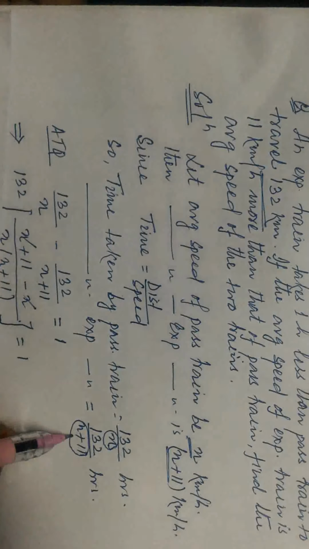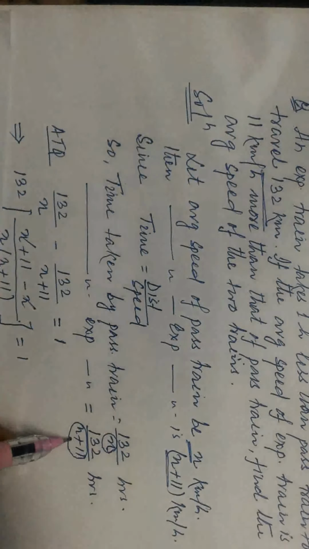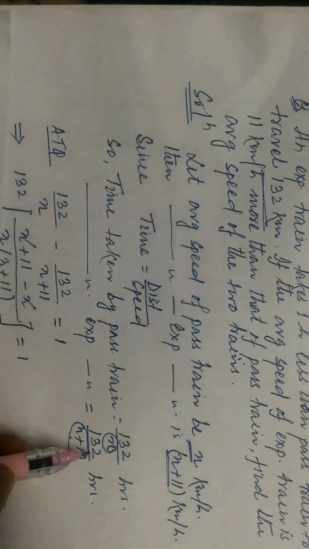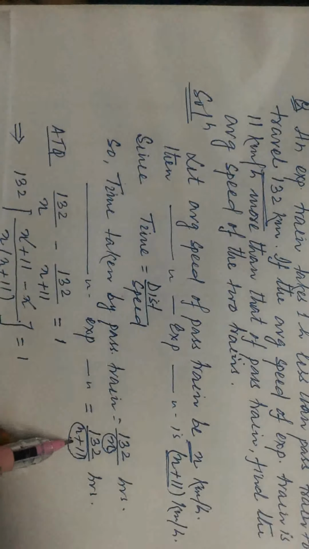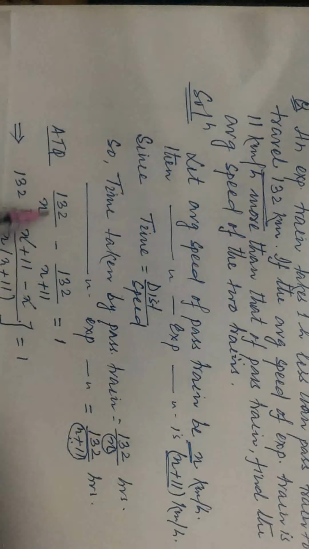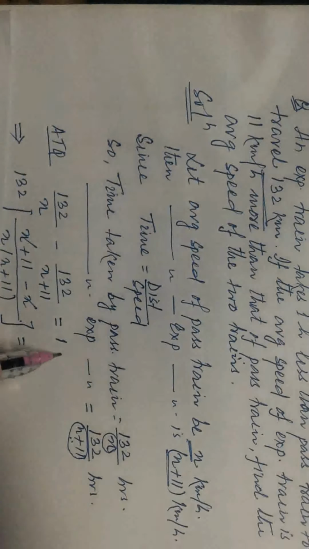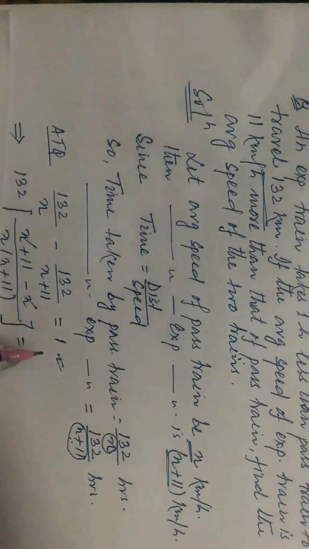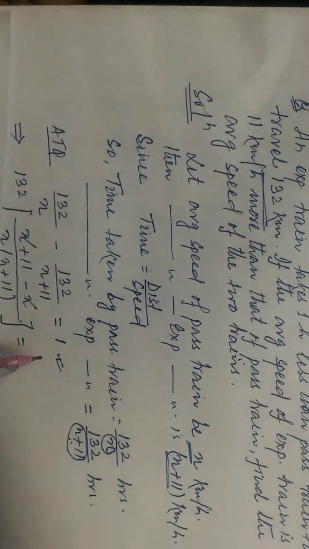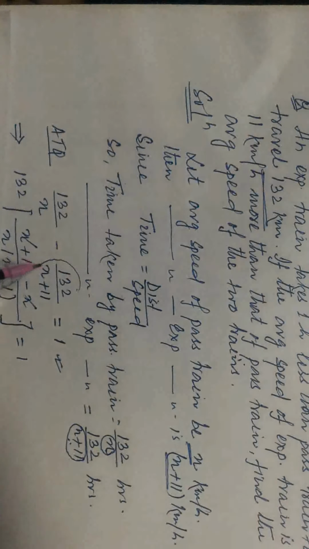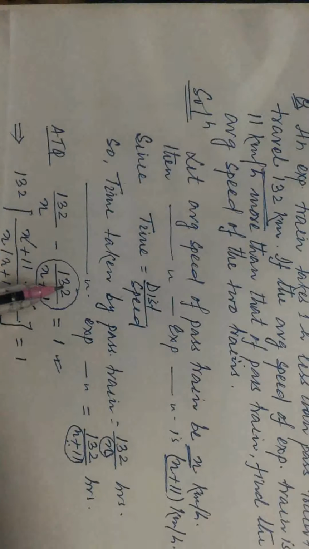When we take the difference, we take more minus less. So 132 by x minus 132 by x plus 11 is equal to 1 hour. It is given that the express train takes 1 hour less.